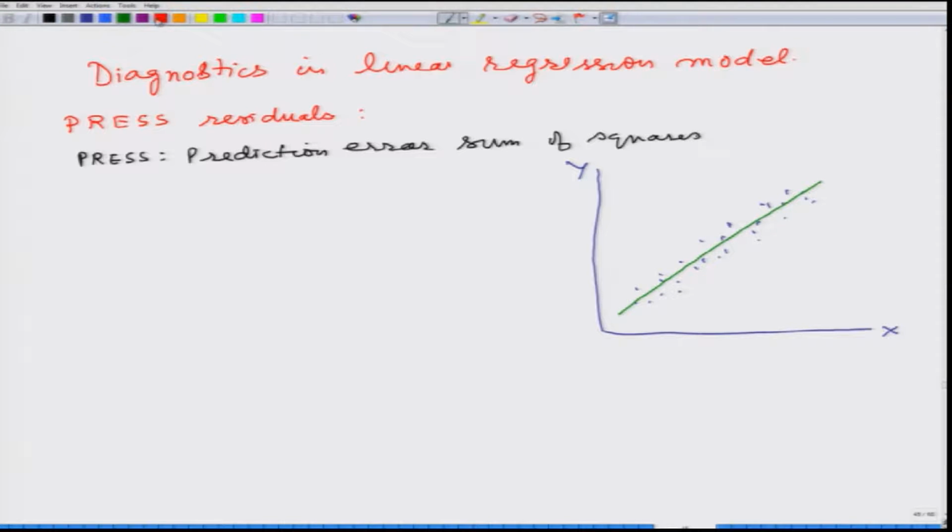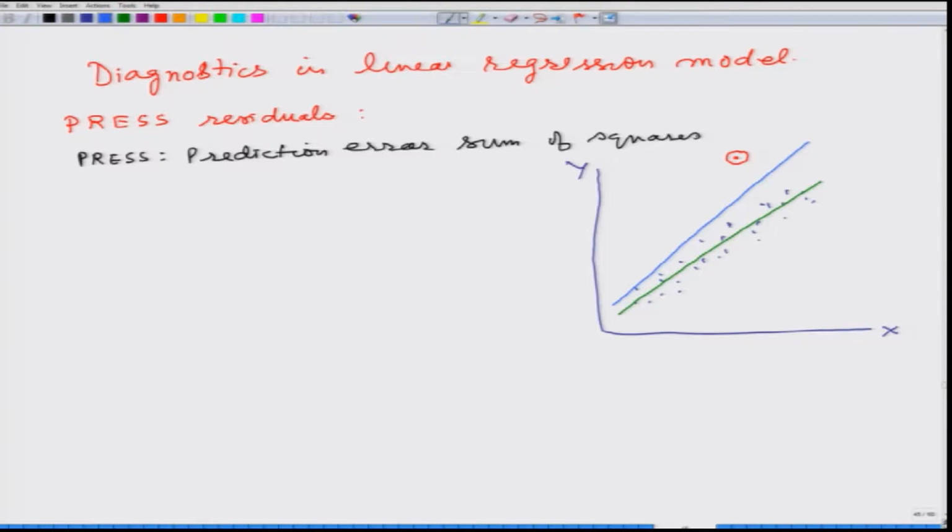Now, suppose there is one point which is lying quite away, say somewhere here. Because of this, if I try to fit the regression line using all the data, the earlier data and this new data point, the regression line may shift to this place.